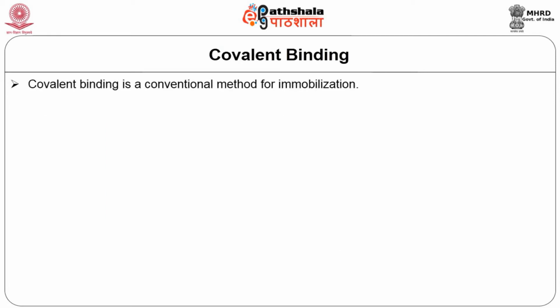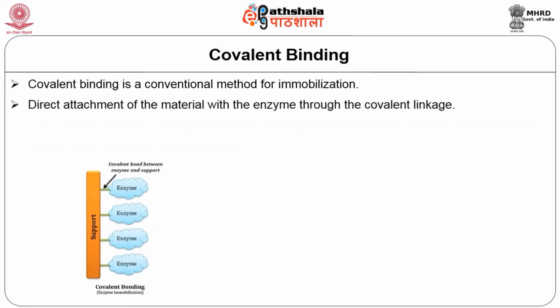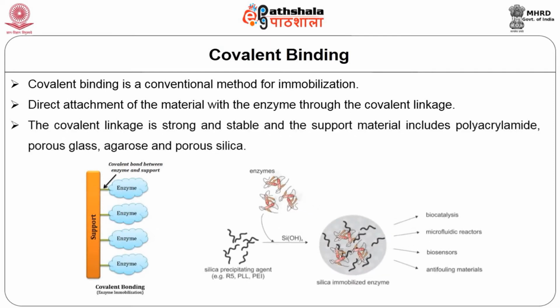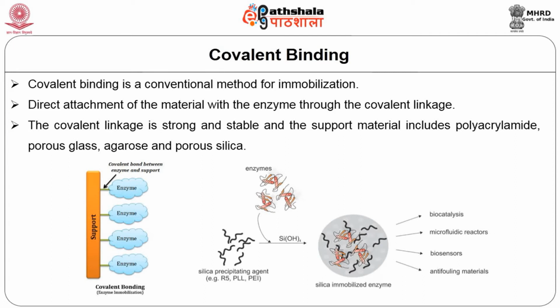Immobilization of proteins based on the formation of covalent bonds. Covalent binding is a conventional method for immobilization. It can be achieved by direct attachment of the enzyme and the material through a covalent linkage. The covalent linkage is strong and stable, and the support material for the enzyme includes polyacrylamide, porous glass, agarose and porous silica.